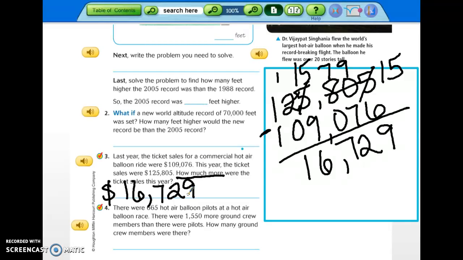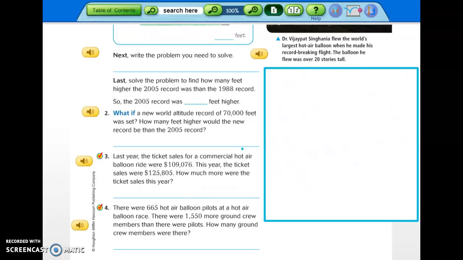Okay, number 4. There were 665 pilots in a hot air balloon race. There were 1,550 more ground crew members than there were pilots. How many ground crew members were there? So we know that there were 665 pilots, and then there was also more.